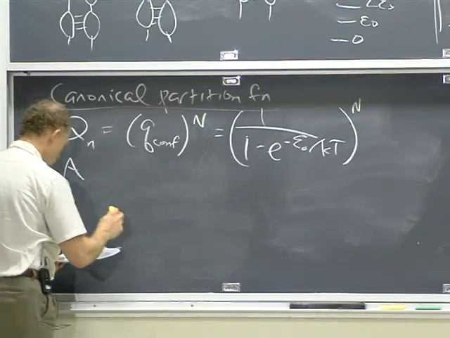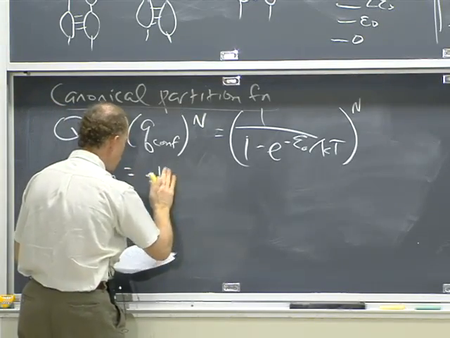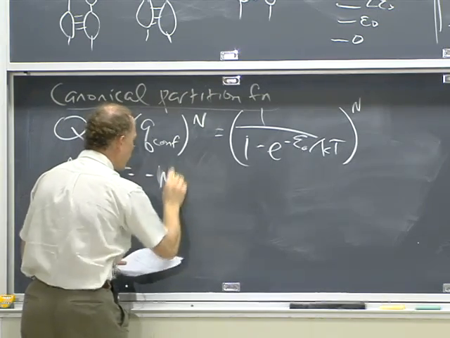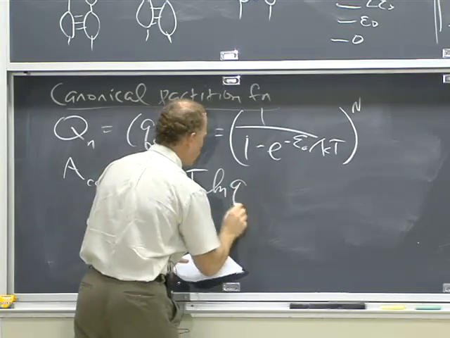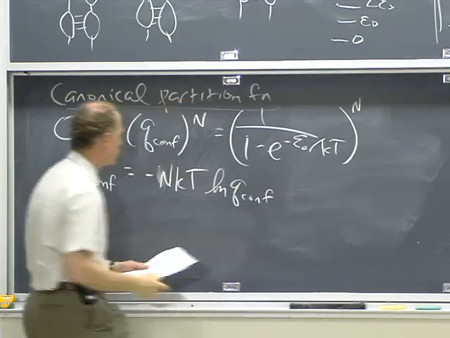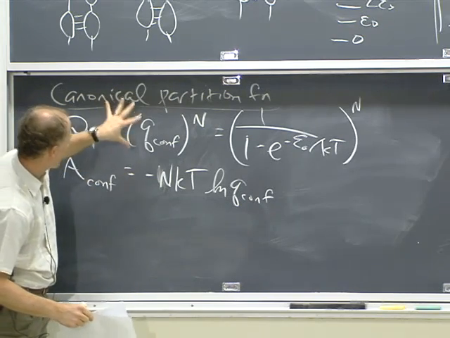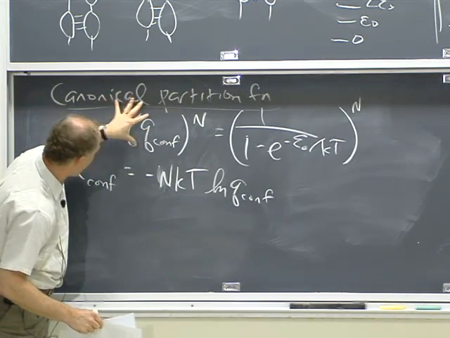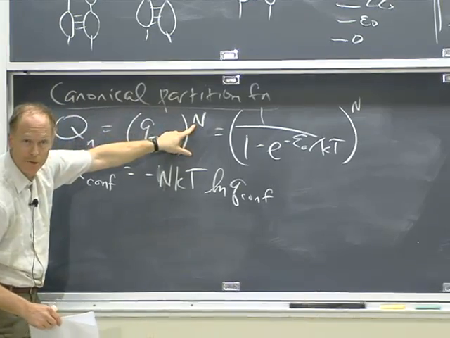So A configurational is minus NkT log Q configurational. That is, remember, A is minus kT log capital Q, and this is just going to come straight out.